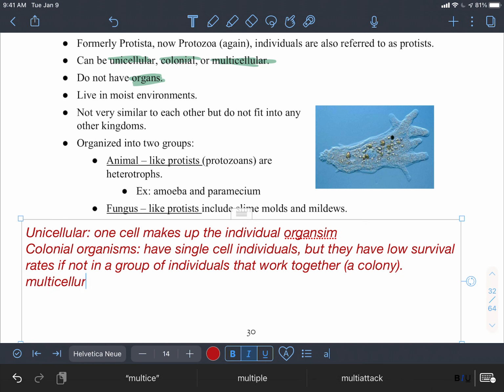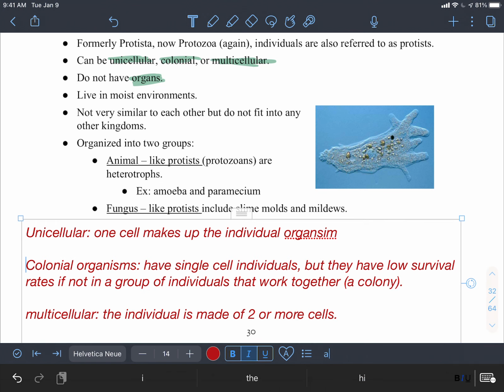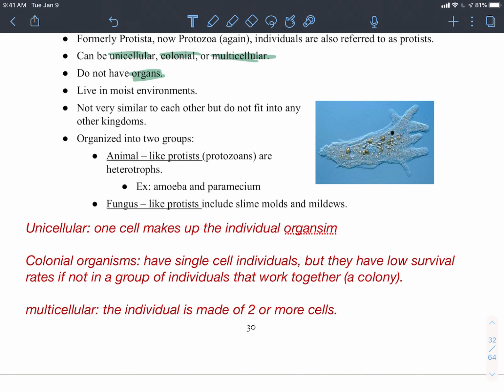Multicellular, of course, is what you might be most familiar with. This means that the individual is made of two or more cells, and not much else to say about that. I just wanted to raise the idea of the colonial organism because we haven't talked about those before, probably.